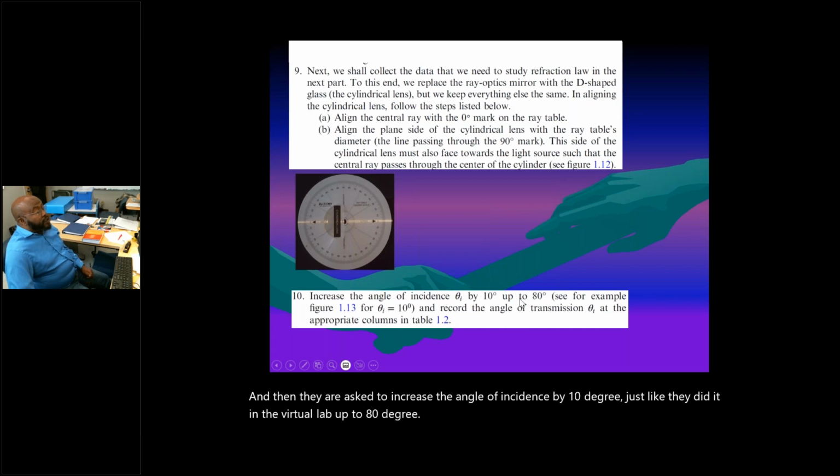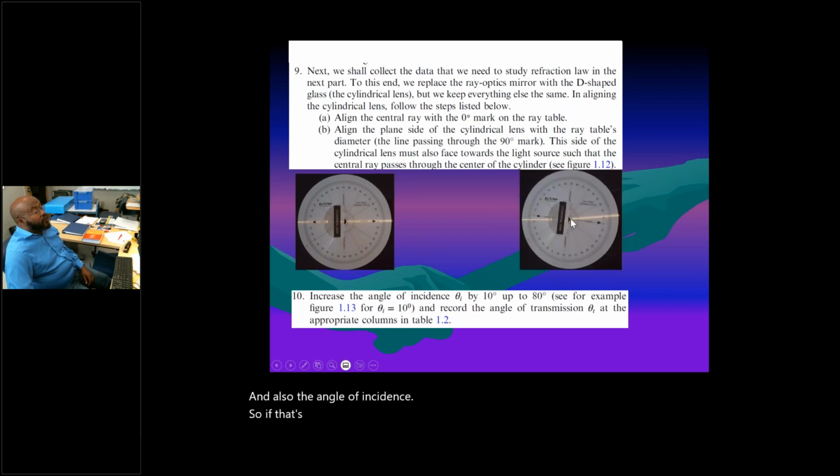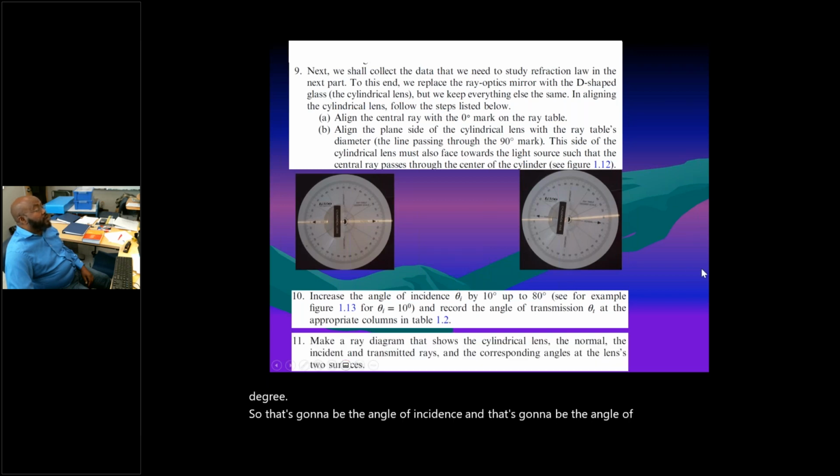And they need to record the angle of transmission and also the angle of incidence. If that's not clear, a figure is also provided. For example, here is when it is rotated by 10 degrees. That's going to be the angle of incidence, and that's going to be the angle of transmission.